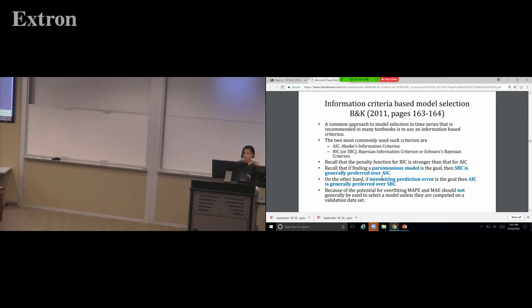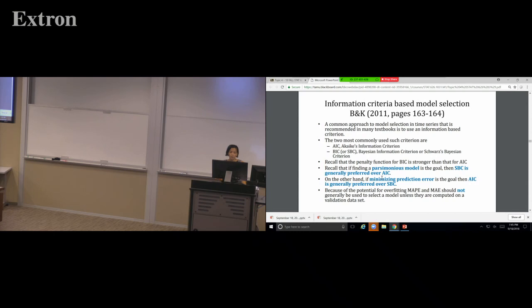What I wanted to say about information criteria-based model selection is that it's talked about in your textbook on pages 163 to 164. Hopefully you've also seen discussions on information criteria in other courses, like a regression course. Information criteria are a very popular way of selecting your model.